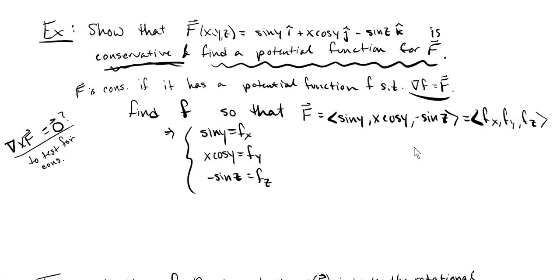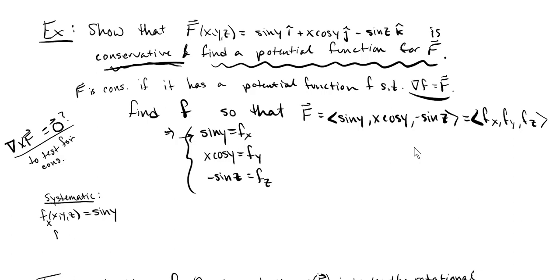What we can do, a systematic way, is the following. Start out with a function f of x, y, z. You don't know what it equals, but you know that its partial with respect to x has to equal sine y according to that first equation here.